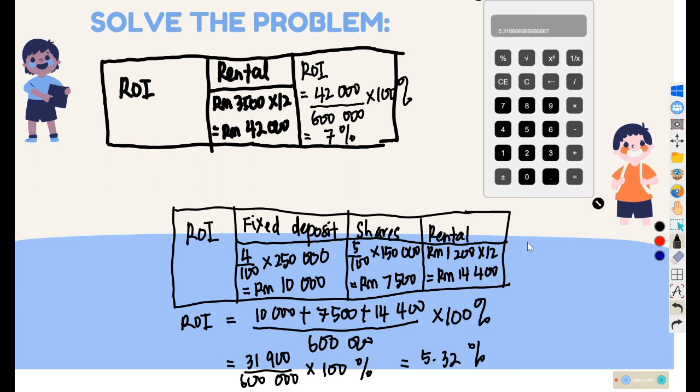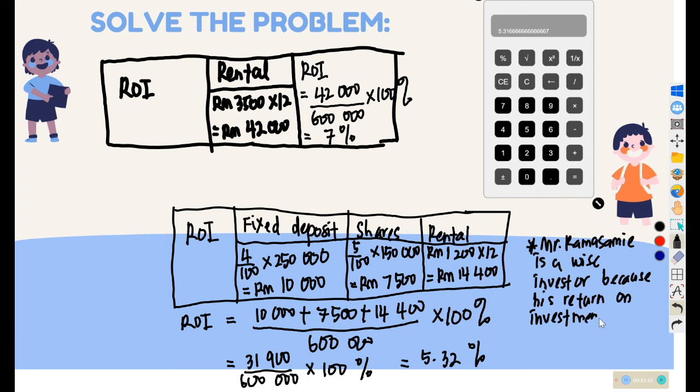So the answer here is Mr. Ramasamy is a wise investor because his return on investment value is high.